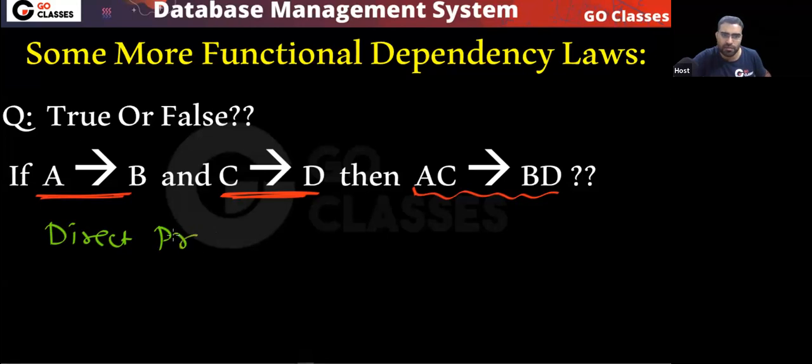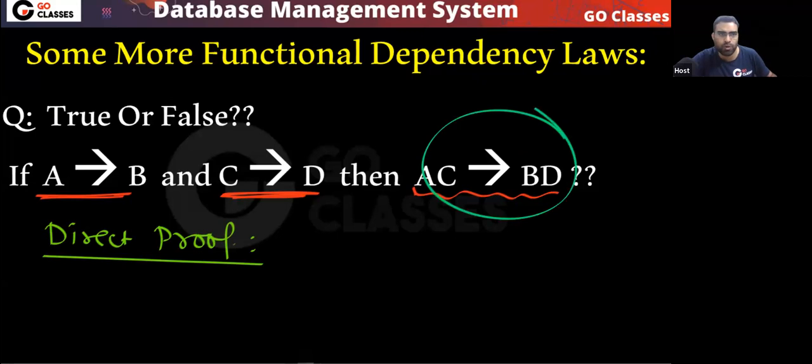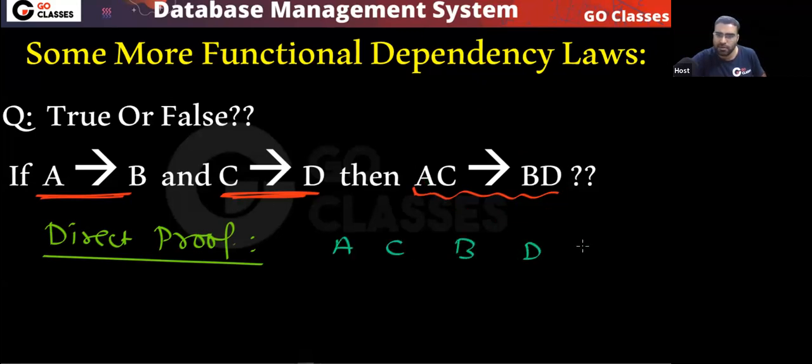The direct proof is actually very simple. What you need to prove is that AC determines BD. Some other attributes can be there. So tell me, what will be your starting point? If two tuples have the same AC value, then they must have the same BD value.